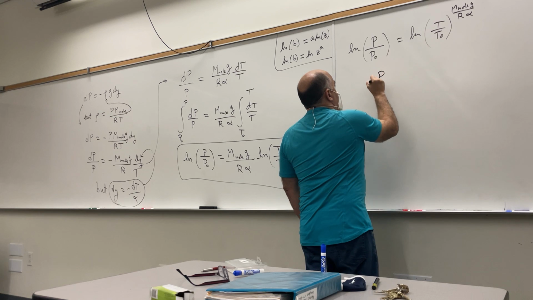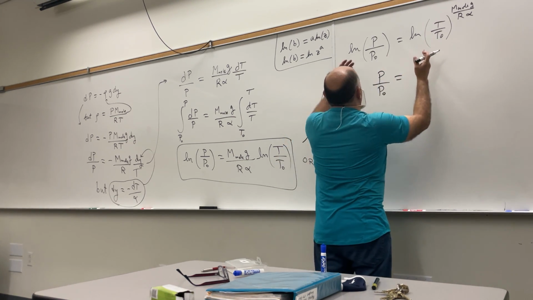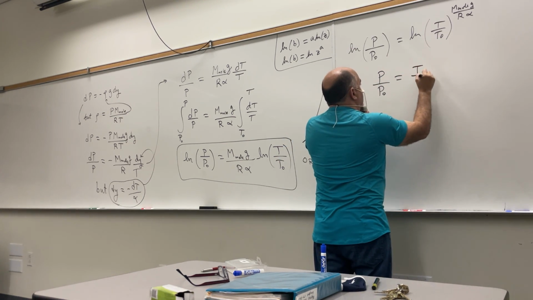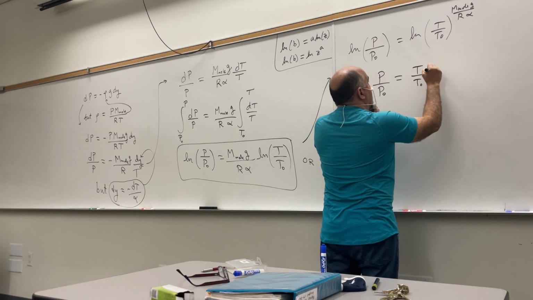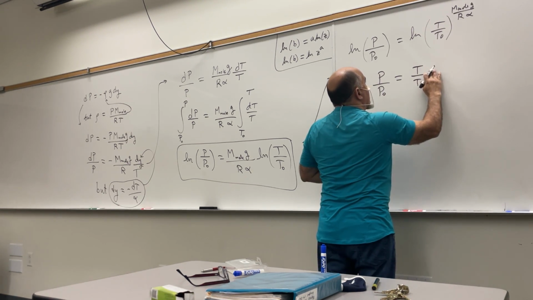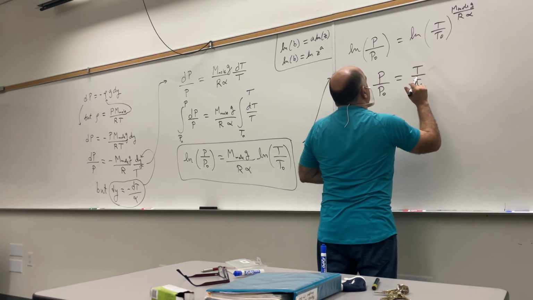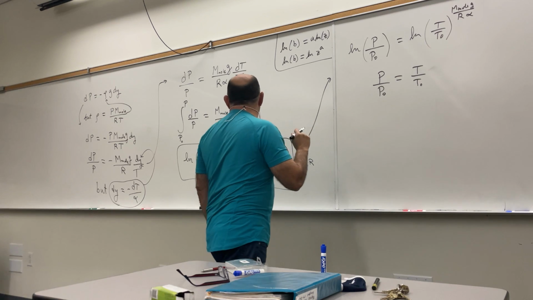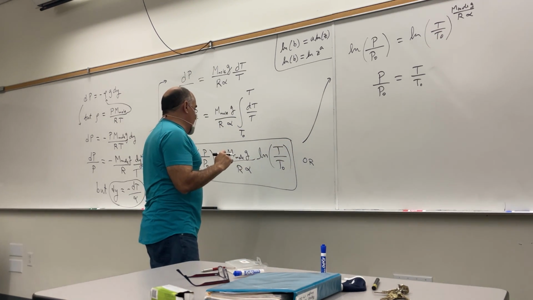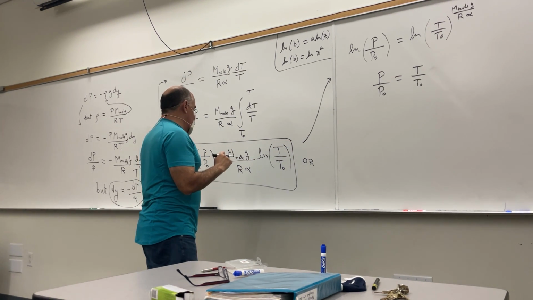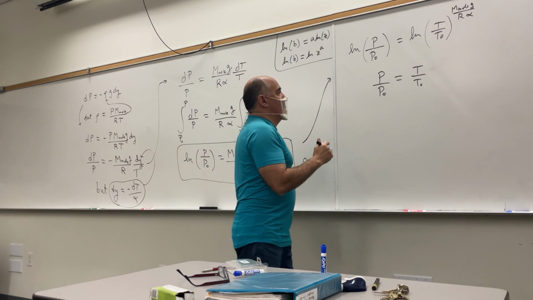So P over P naught, then you just compare the arguments. Yeah, I guess I can write it like this.